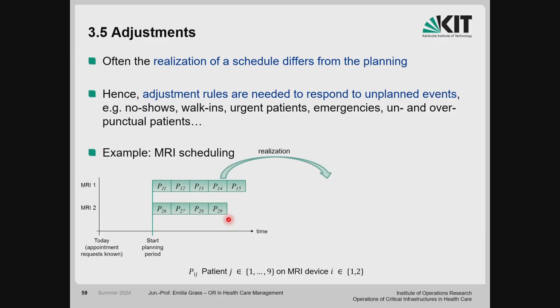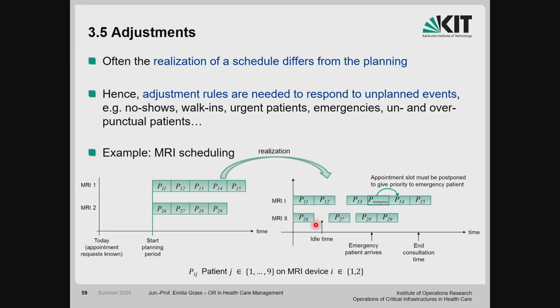This is of course not the case. So we start, let's say, punctually with patient 1 and patient 6 on MRI 1 and 2. And then there's either a no-show, no, it's not a no-show, but the 7th patient comes too late, for instance, so we have an idle time.